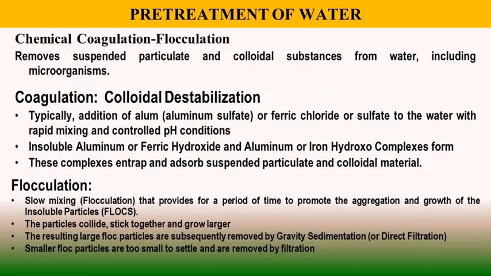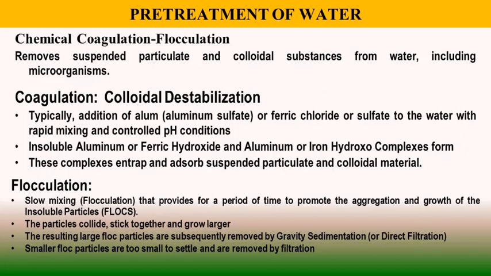Regarding pretreatment, let us try to understand the coagulation flocculation process. Coagulation is a process by which a chemical known as a coagulant neutralizes the repulsive forces between the particles which are dissolved and suspended. Thereby agglomeration of particles takes place due to the collision with the coagulant; generally we use alum as the main coagulant.